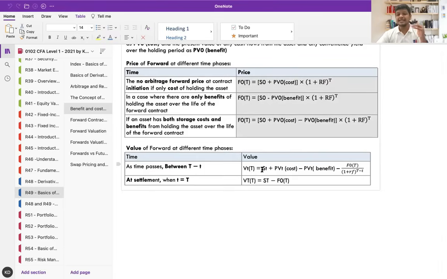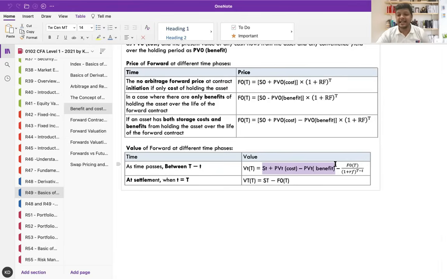Valuation depends on spot minus the present value of benefit, or the present value of cost is what you will add. This is today. Minus, this is the spot. For the long, if the long has the asset now, the long will get the benefit, right? But the long will also have to manage the costs.